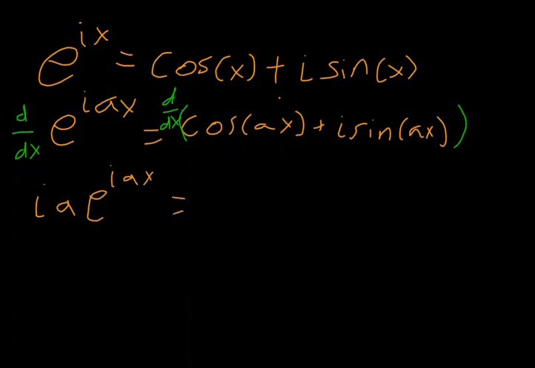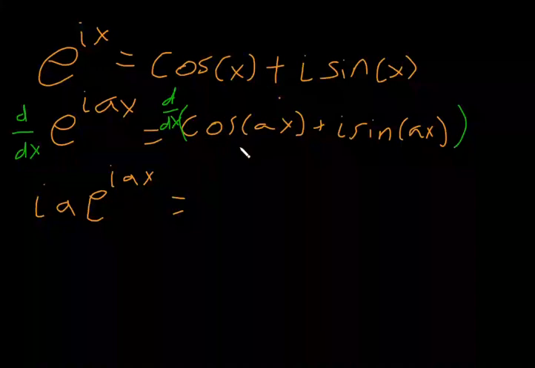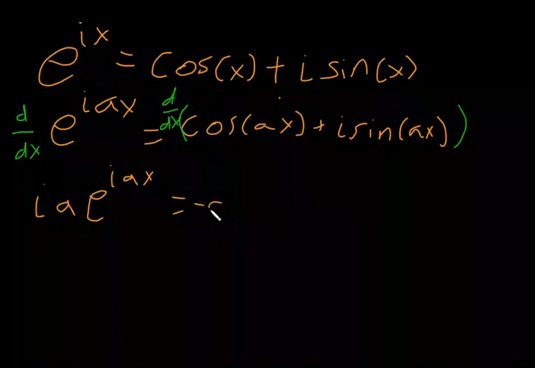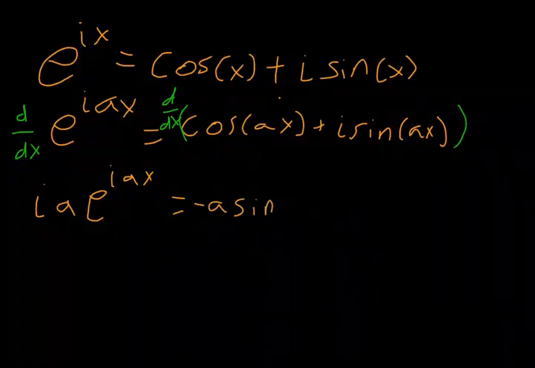And if I take the derivative of this side, the derivative of cosine of ax, that's a times the negative sine of ax. So I'll put the negative out front. Negative a sine of ax.